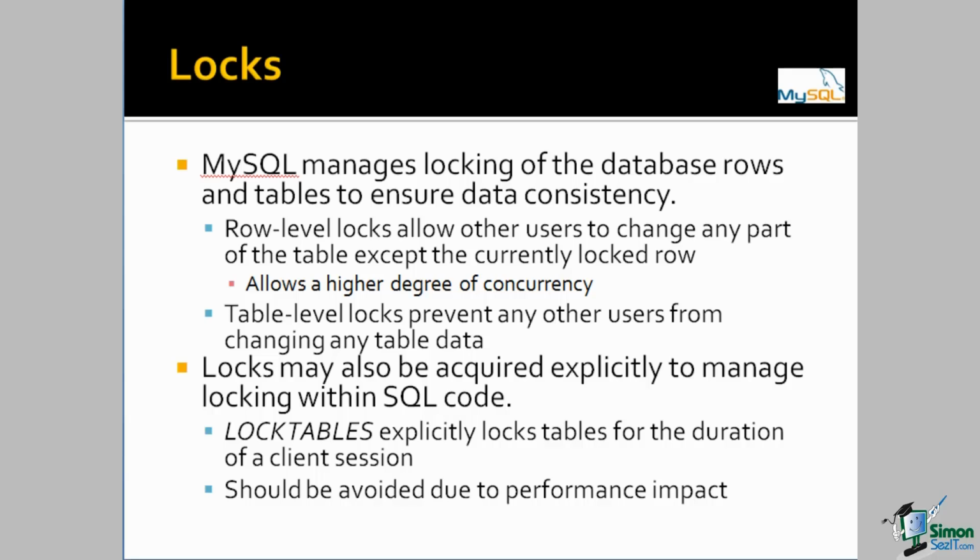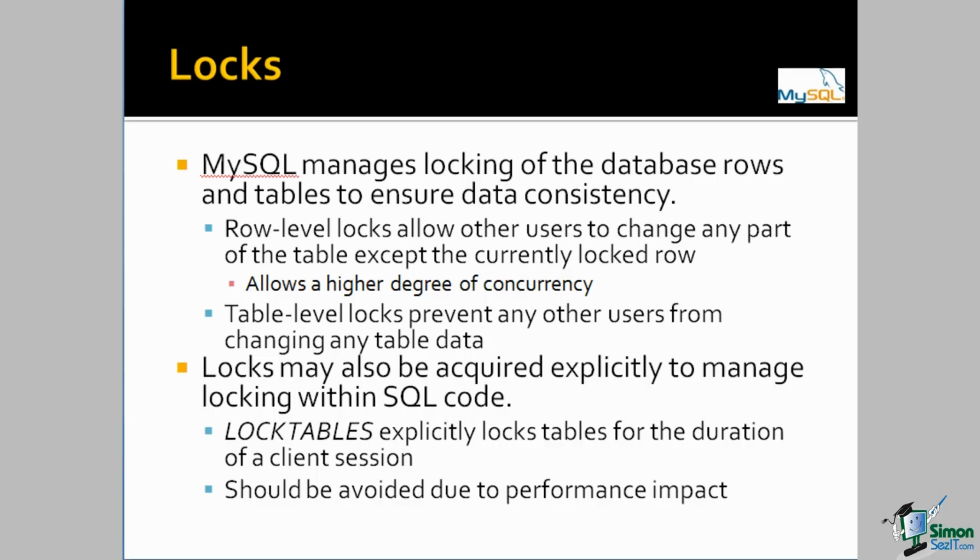And in the MyISAM storage engine, we're provided with table-level locks. The locks ensure that if one transaction is working with some row of data, that no other transaction can access that data while it is being changed by the first transaction.